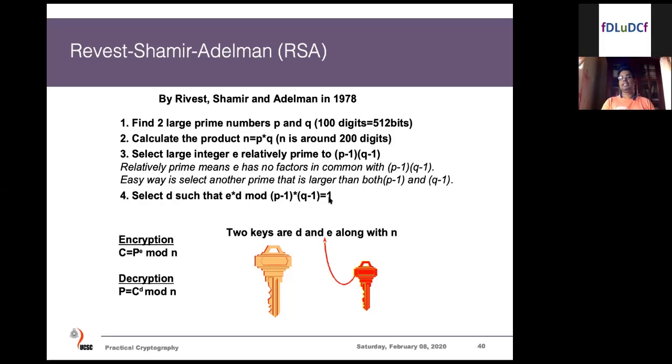They know this equation, so they can find the D. That means if someone finds a method to factor N into the prime factors, they can calculate the private key D. So as you understood, the strength of RSA is based on factoring this number N. If someone is able to factor this number N into the prime factors, RSA cannot be used anymore.